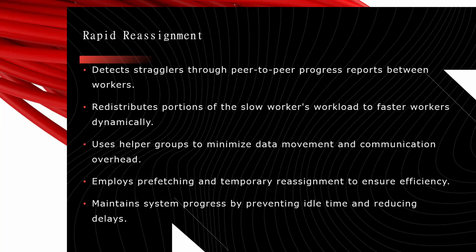Rapid reassignment is one of the key components of FlexRR. It detects slowdowns as soon as peers share progress reports among the workers, redistributing partitions and shifting workload from slow workers to faster workers. Helper groups help minimize data movement and communication overhead.